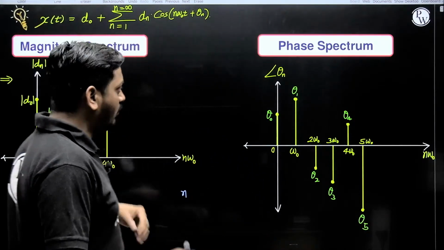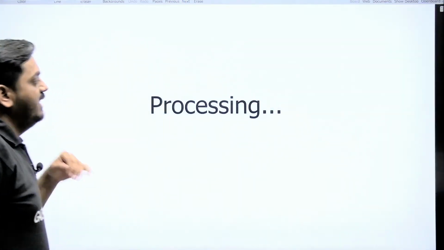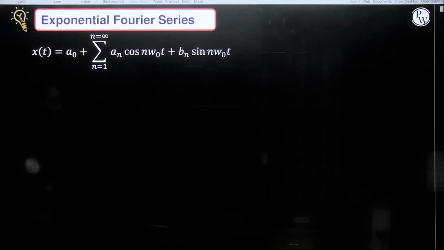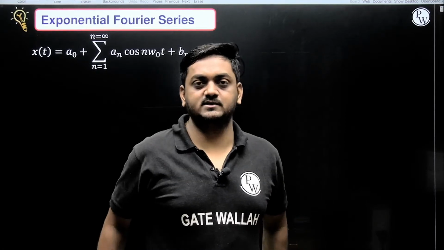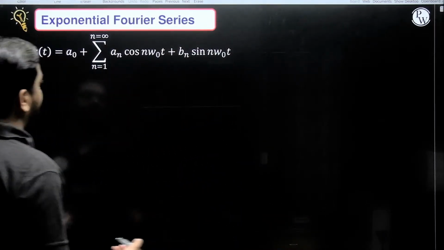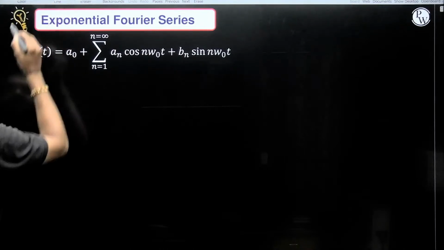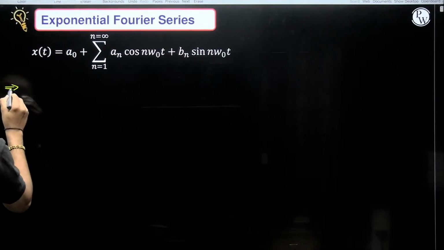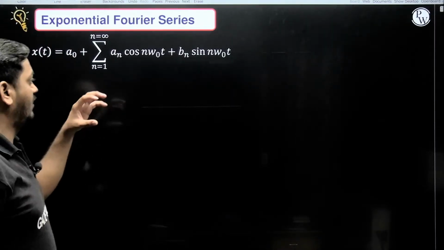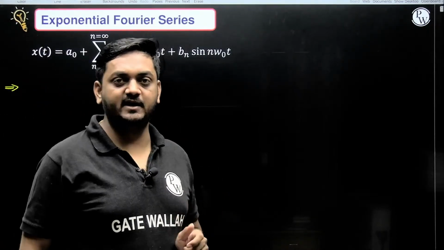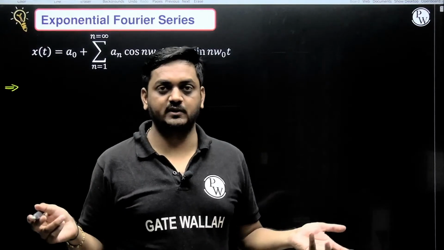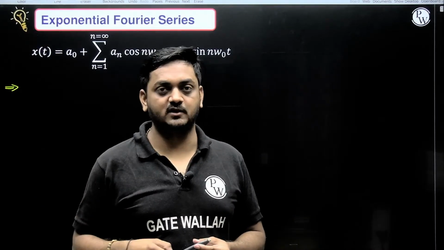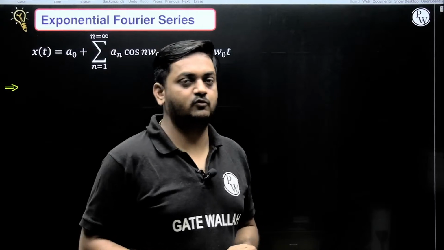Now next is what? More compact form, that is exponential Fourier series. More compact form of the Fourier series. Okay, so exponential word itself, the exponential term will come. How to get the exponential term? Tell me, Rajesh, any idea? Exponential Fourier series means exponential term, e to the power something, or e to the power j theta will come in. So how to get exponential term? Any idea?